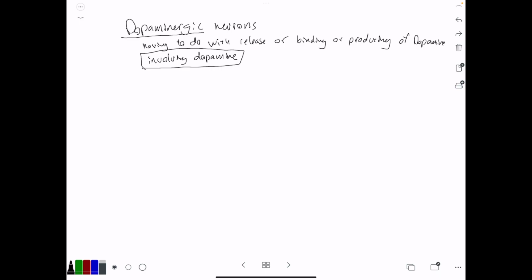Okay, so we've talked a lot about signal transduction and chemical signaling in the brain. And so here I have a generic neuron with the dendrites, the nucleus in the middle, and a long axon stretching out to another cell or another neuron.